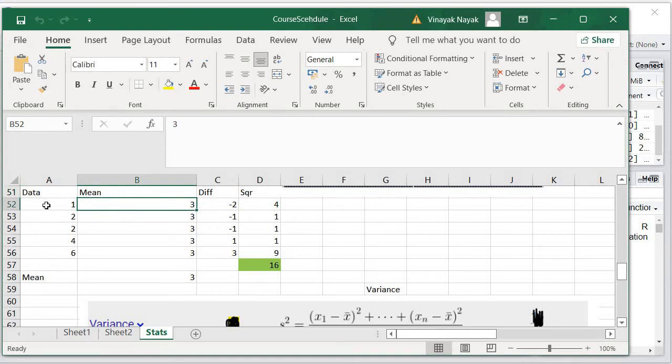Second step, we will find the mean. How to do that we have already seen: add and then divide by the count, divide by n. In this case, for this data set the mean is 3.